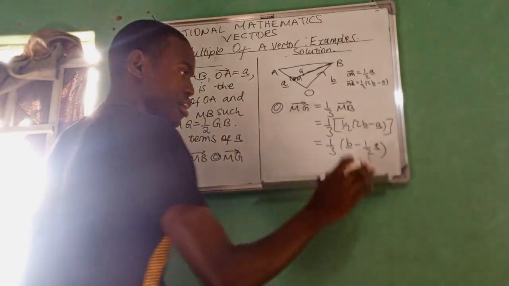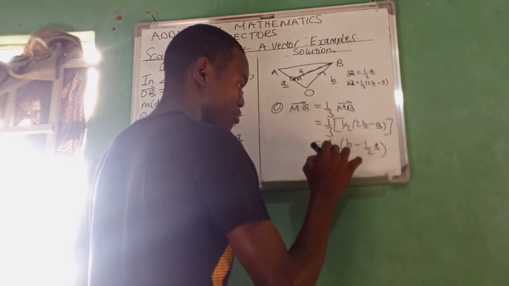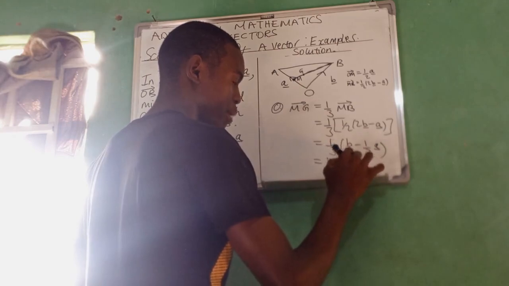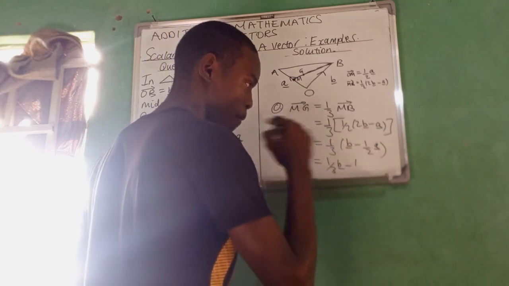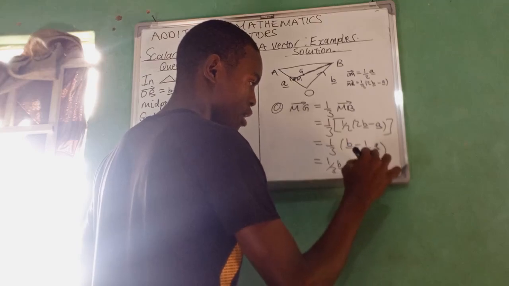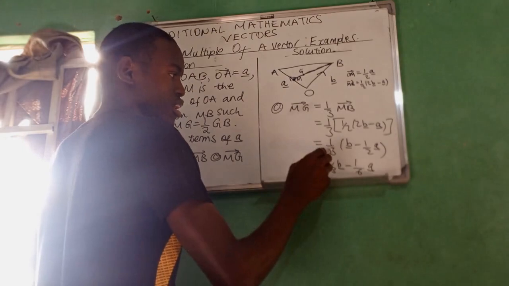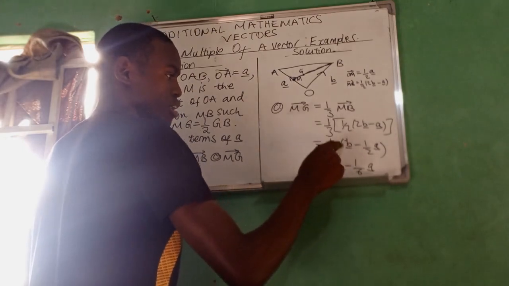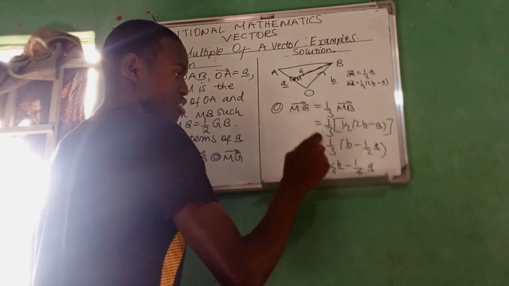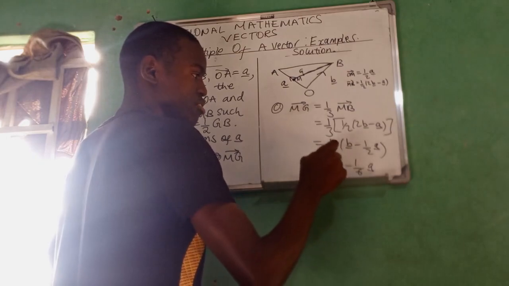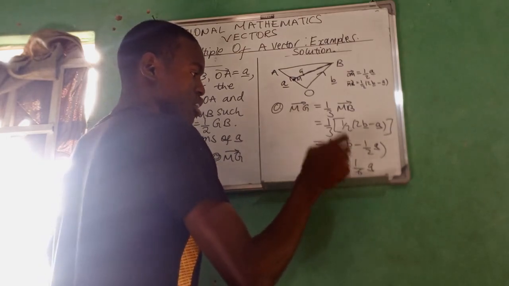Then we can simplify it to be 1/3 B minus 1/6 A, by multiplying the denominators of the fractions, since the numerators are the same.